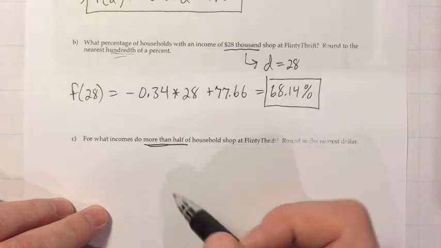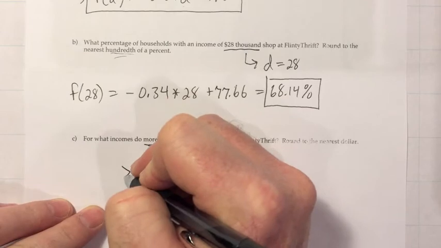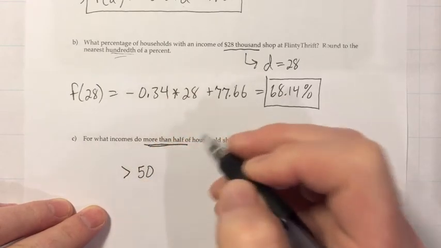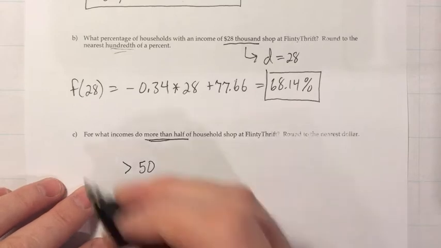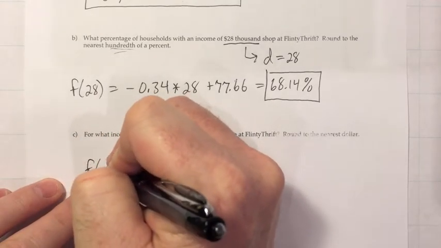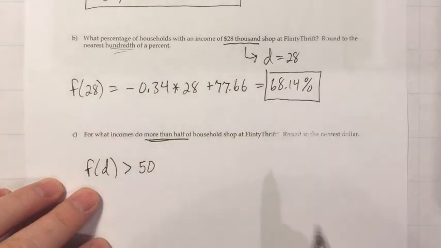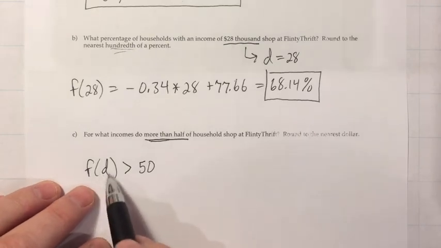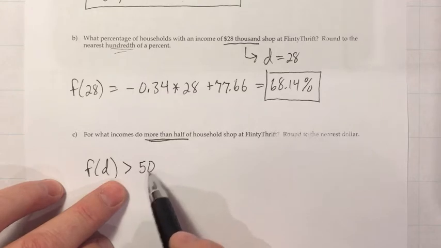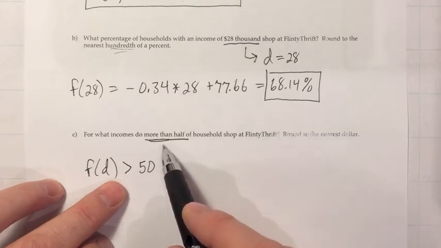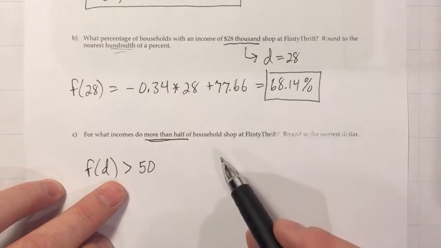So I would argue that more than half translates to greater than 50%. And if we're going to put 50% here, we need to put our variable that is percentage on the other side, which would be f of d. So this would be that the percentage of households that are shopping at the thrift store is greater than 50%. That is an equivalent translation to saying that more than half of them shop there.